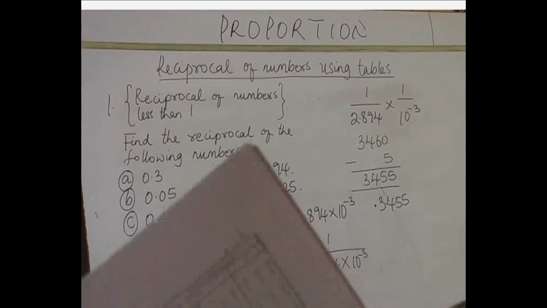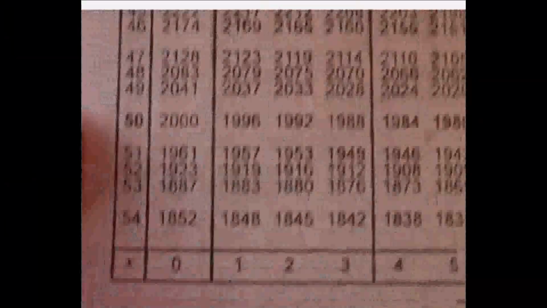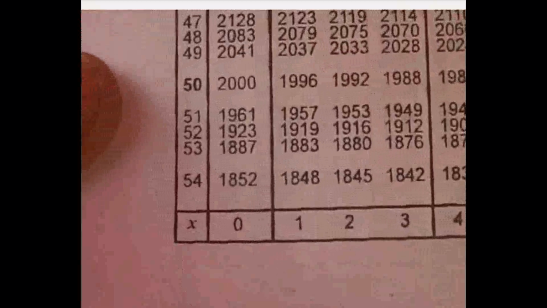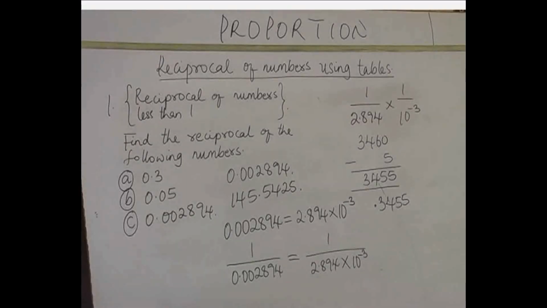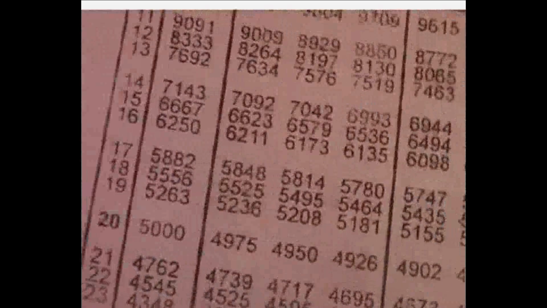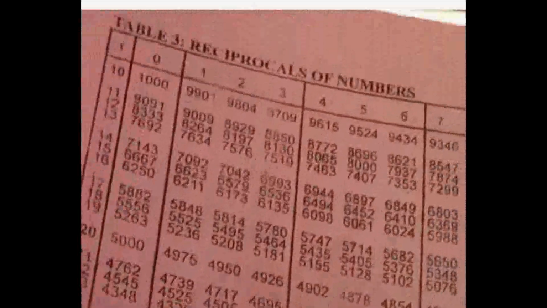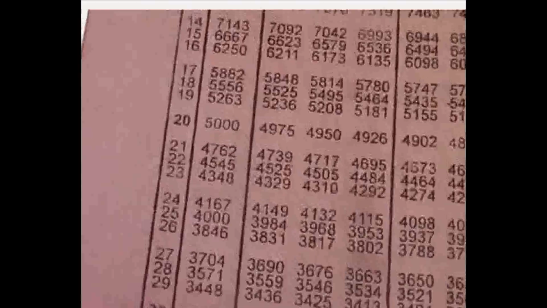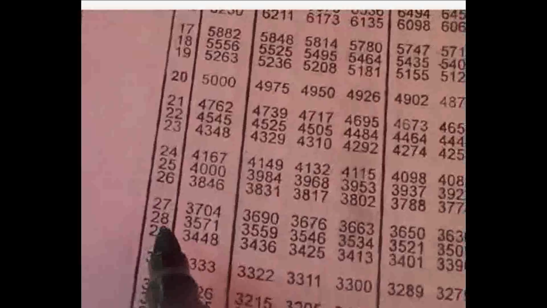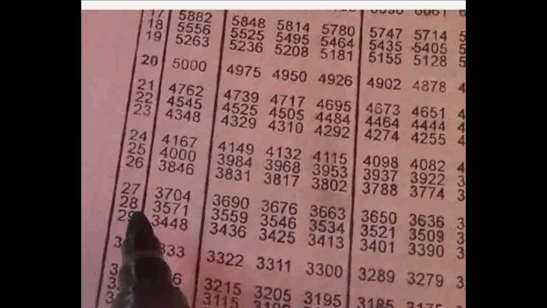So I'm coming to the camera now. This is your 4-figure table, and this is page 6. From the whiteboard, we found 28 under 9. Look at your 4-figure table and look at 28. Between 27 and 29, you can see 28.